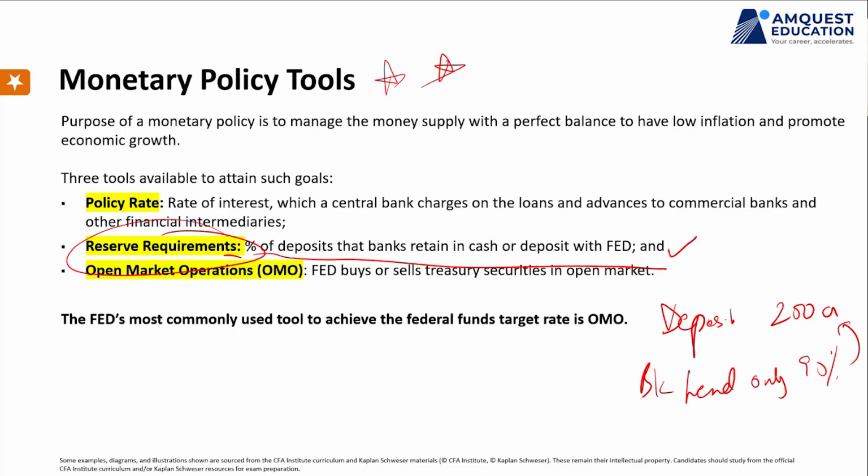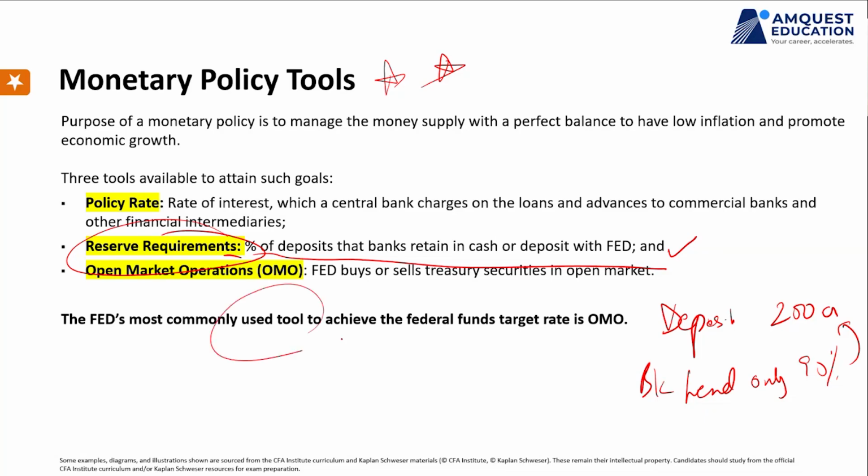Now the third tool is called open market operations. Very interesting. So open market is nothing but when you go to the open market and you buy and sell what you feel is cheap or what is costly, you can buy and sell it in the open market. So the Fed also buys and sells securities in the open market, and this buying and selling of securities happens in the open market operations.